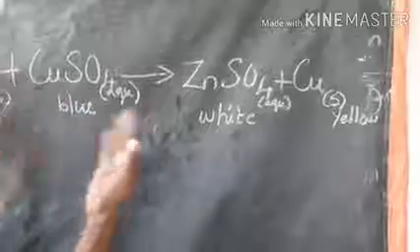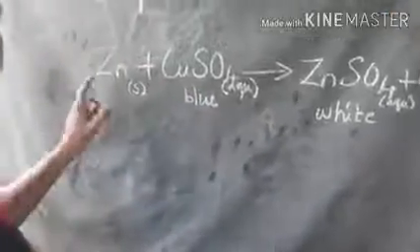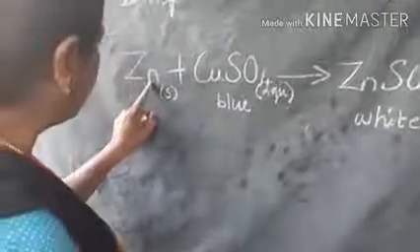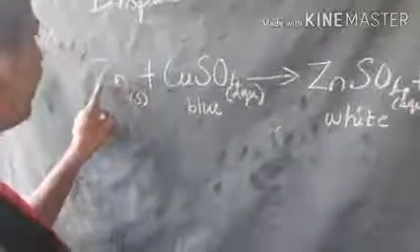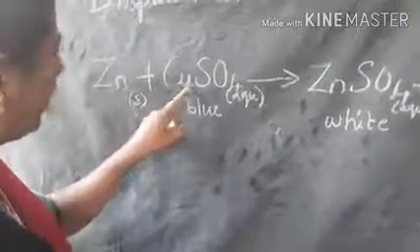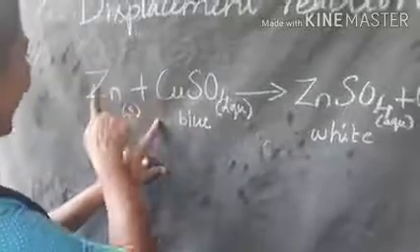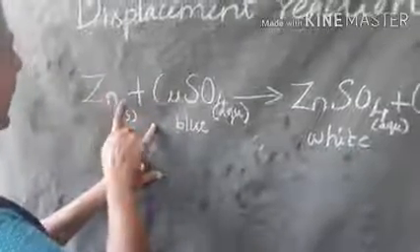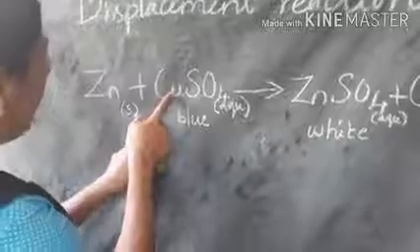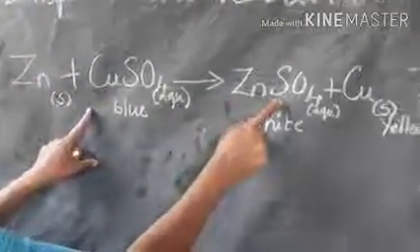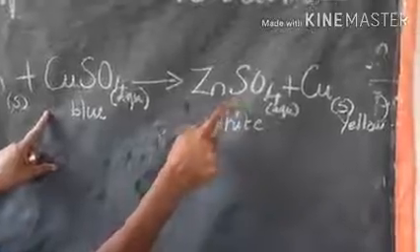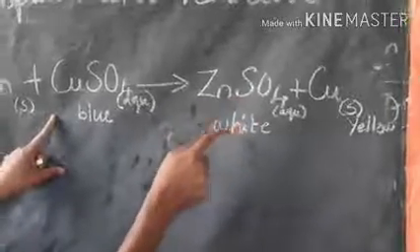Okay, what happened here? Let us see. Zinc, white color substance, is a more reactive metal than copper. So, it displaces its place. That means zinc is coming here and copper is separated. That is what is happening here. So, zinc sulfate color is white.